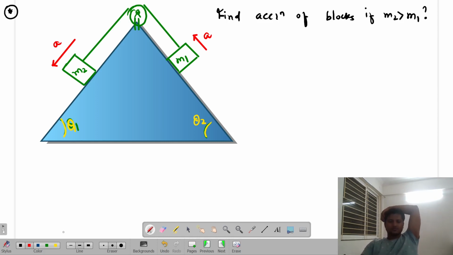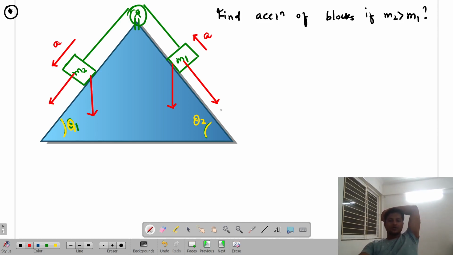Correct. Okay, can I say that this will be m1g and for that one component? Yes, this will be m2g and for that there will be one component, isn't it?